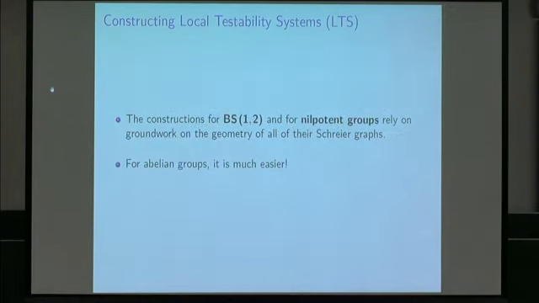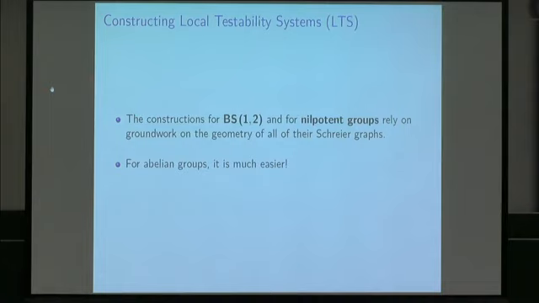So the constructions for Baumslag-Solitar groups and nilpotent groups are hard. They rely on some groundwork, which is not specifically related to local testability, that we made on the geometry of these groups. It's hard, especially when you try to treat nilpotent groups.